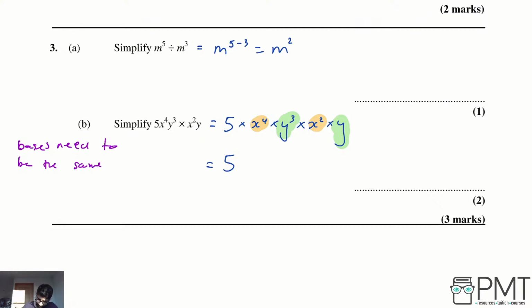So 5 stays, then you have x to the 4 plus 2 times y to the 3 plus 1. So 5x to the 6, y to the 4. Yep, thank you, Rebecca. That was correct. Well done. And if it was division, you would have been correct, Mohammed.